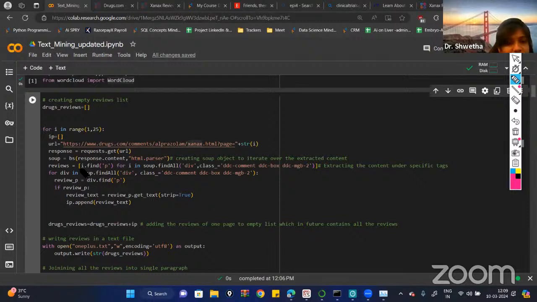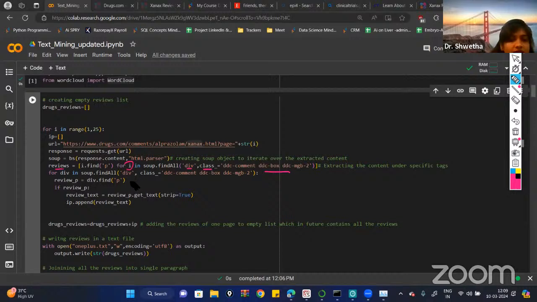Now, this reviews will go for i.find of p. So for i in soup.findAll, it has to go to the div section of this class and extract data for every i.